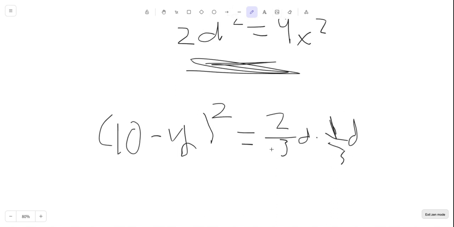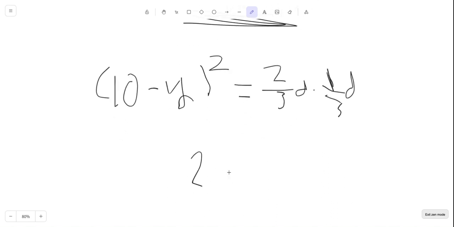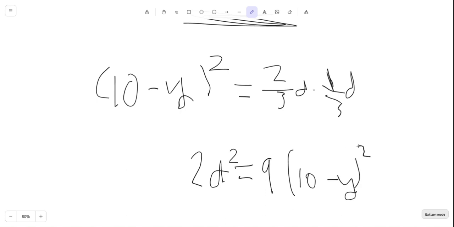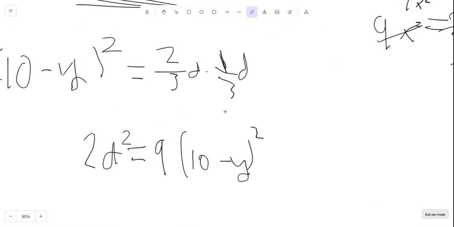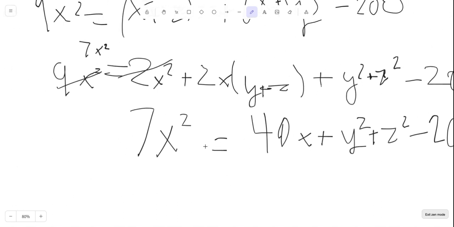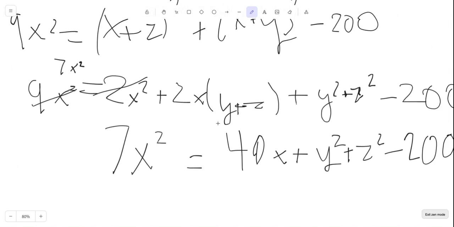Multiplying both sides by 9, we have another value for 2d squared, 9 times 10 minus y squared.